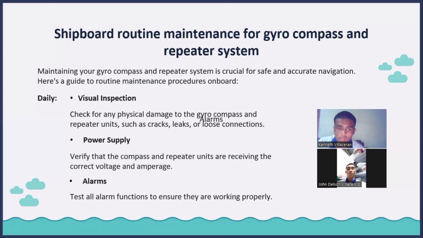Second is power supply, which verifies the compass and repeater units are receiving the correct voltage and amperage. And the third is alarms, to test all alarm functions to ensure they are working properly.